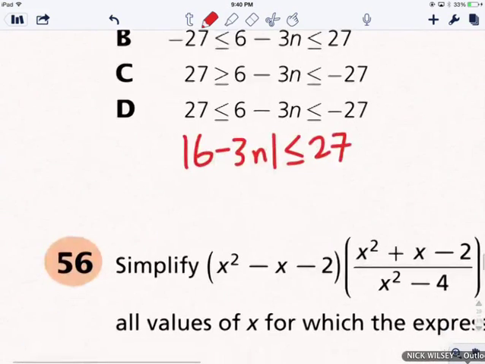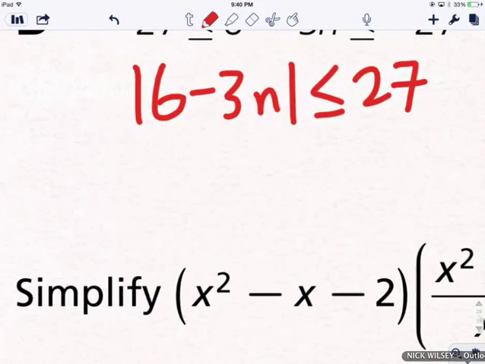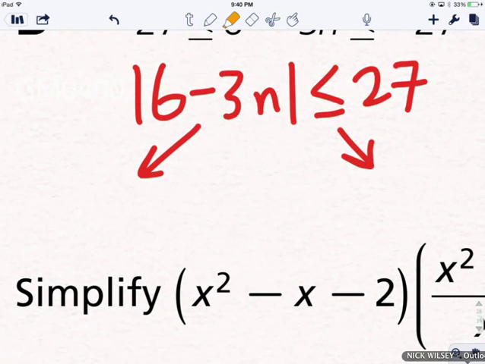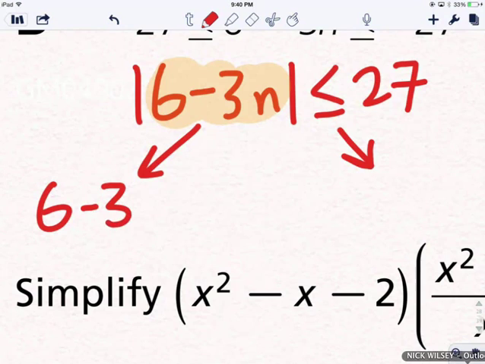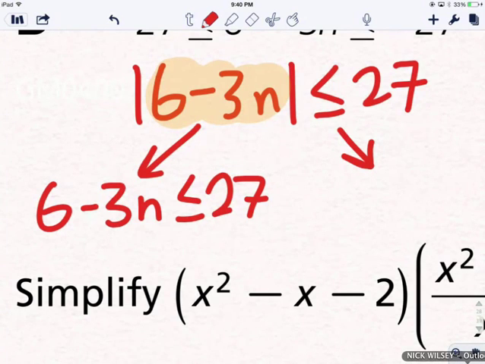So if you were to solve an absolute value inequality, the very first step is to split the inequality. First step after that is to take whatever is inside the inequality, put it out here, 6 minus 3n, and then keep the sign and the number on the right side of the inequality the same, right? So basically just drop the inequality symbols.